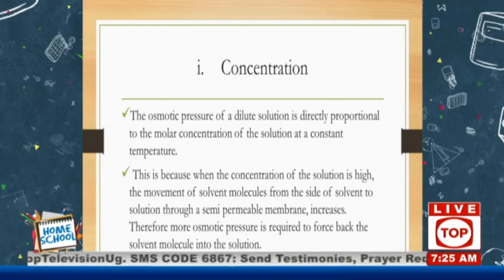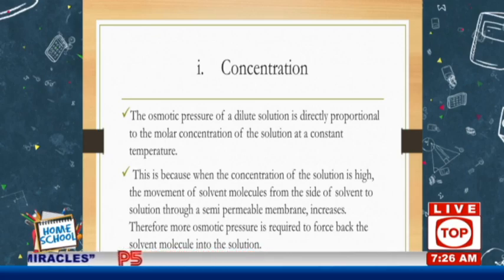Once the concentration on the solution side is high, there will be a fast movement of solvent molecules into that side, okay? And the reverse is true. When it is low, there will also be a decreased rate of movement of the solvent molecules. Therefore, once there is increased movement, it will require a high osmotic pressure to be applied to force back the solvent molecules.